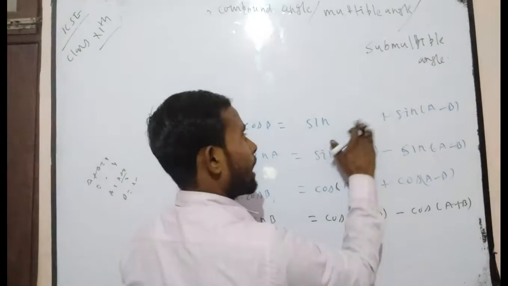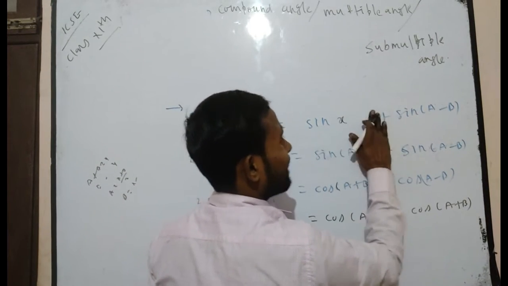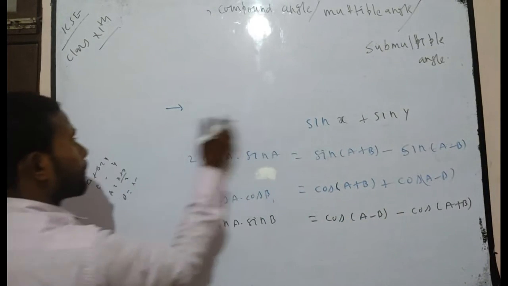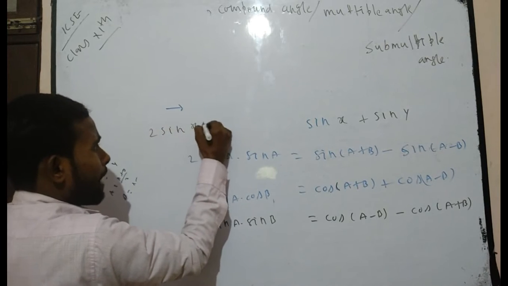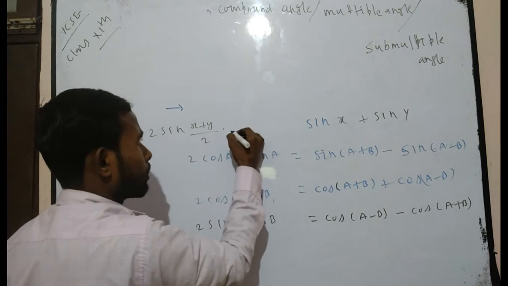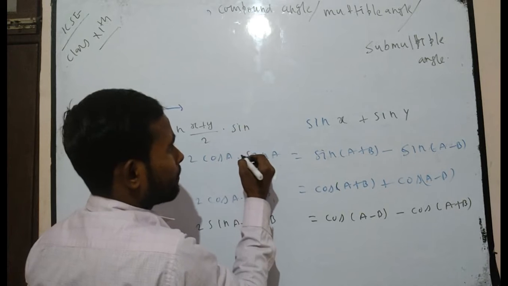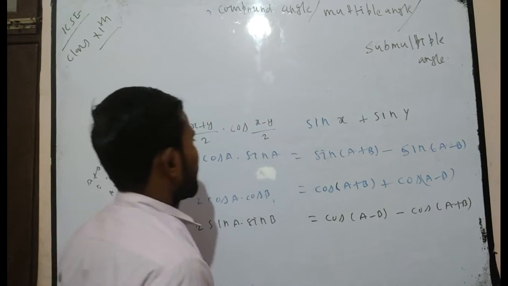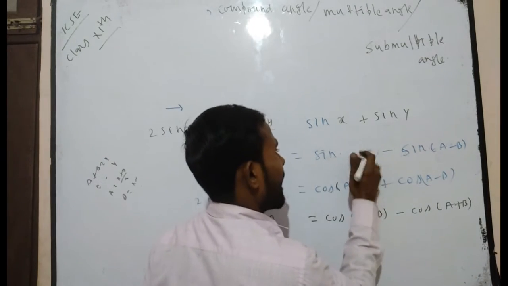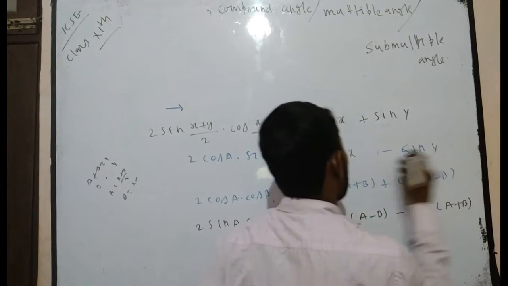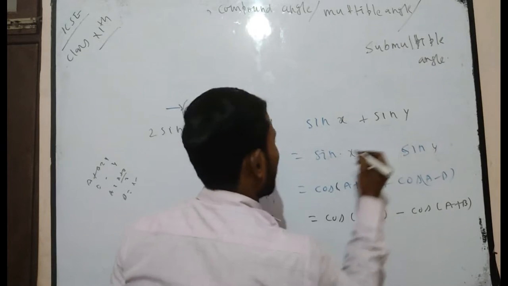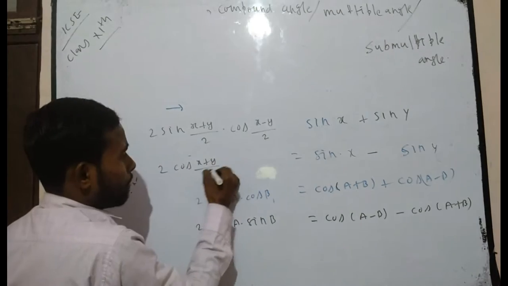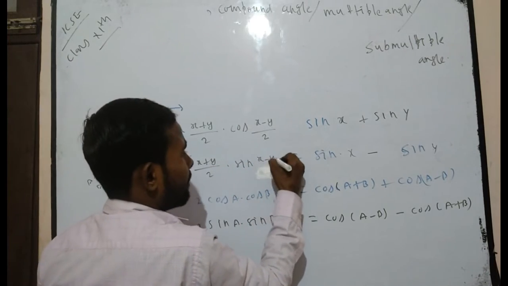If you replace A plus B, then sin x plus sin y will be 2 sin((x plus y) by 2) into cos((x minus y) by 2). Next, sin x minus sin y is equal to 2 cos((x plus y) by 2) into sin((x minus y) by 2).